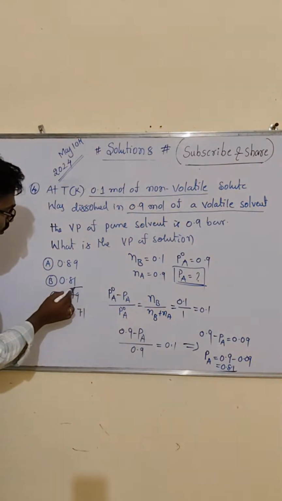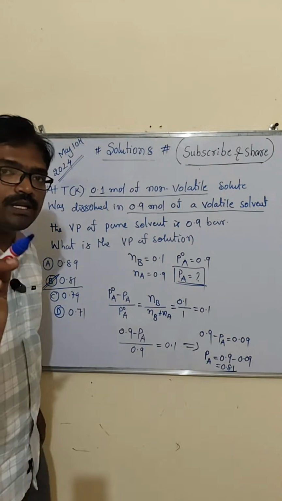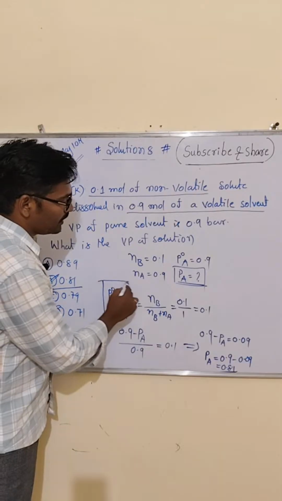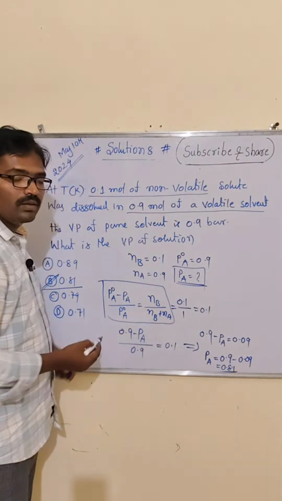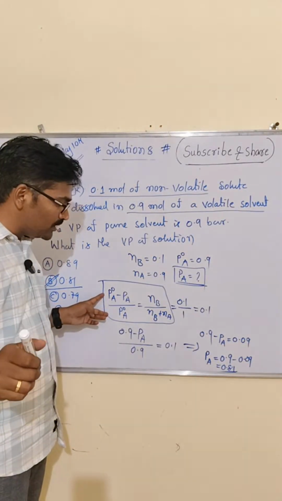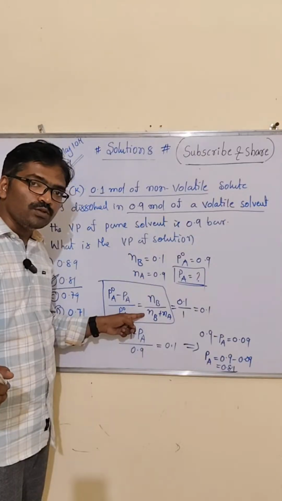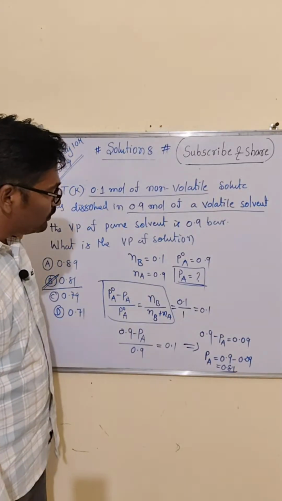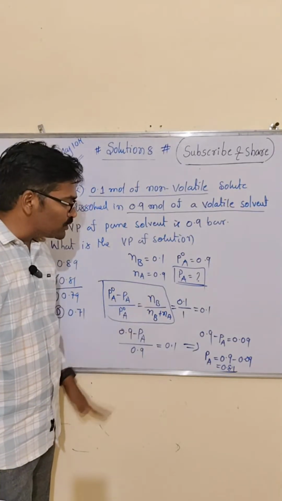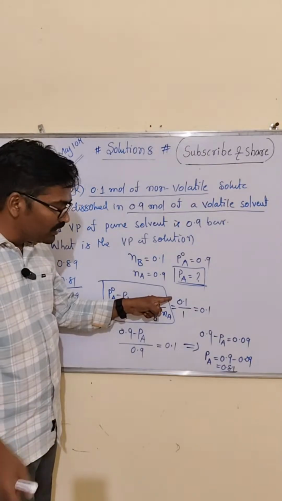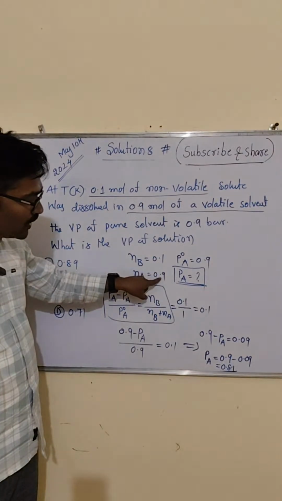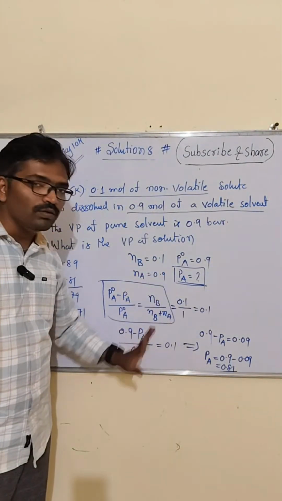So the answer is 0.81. Once again, look, my dear students. According to Raoult's law, the relative lowering of vapor pressure of the solution equals the mole fraction of solute, which is the number of moles of solute divided by the total number of moles. The moles of solute is 0.1, and the total is 0.1 plus 0.9, which is 1, so you get 0.1.